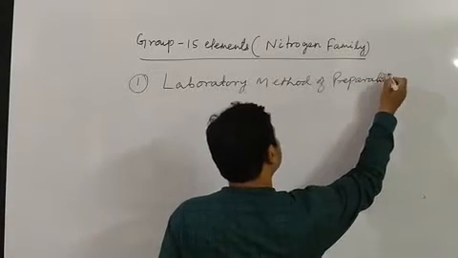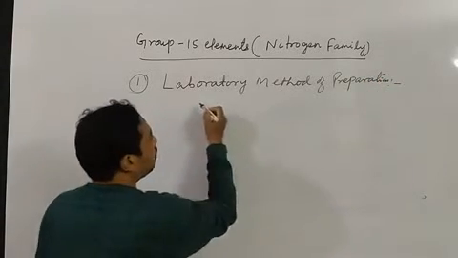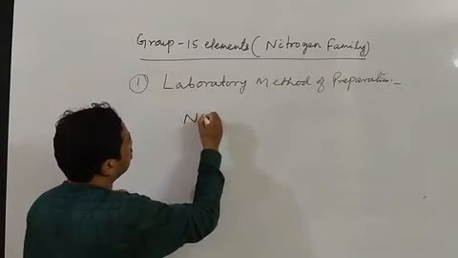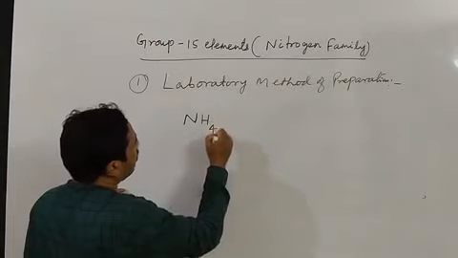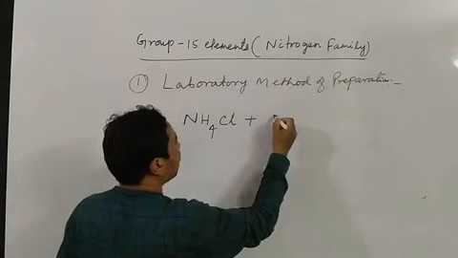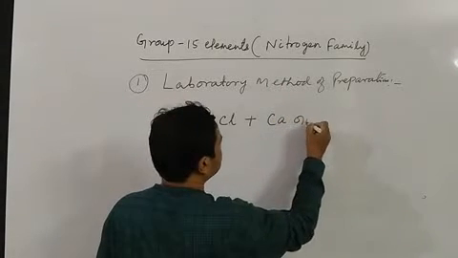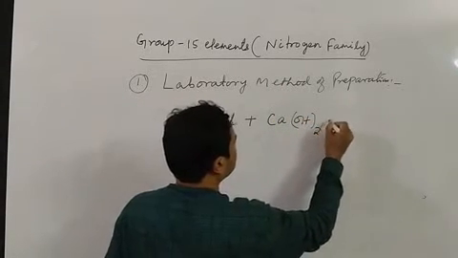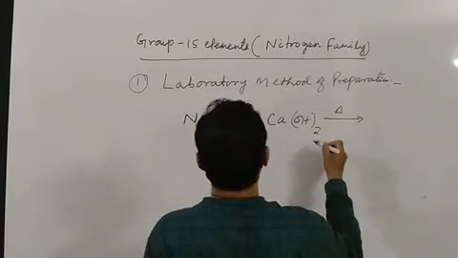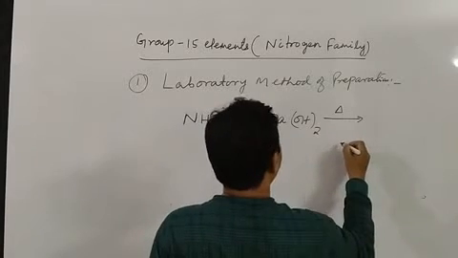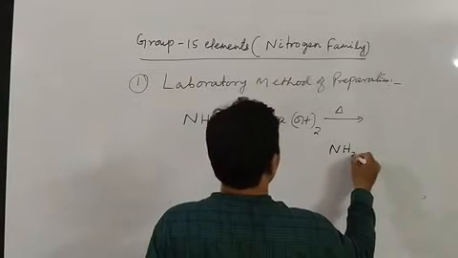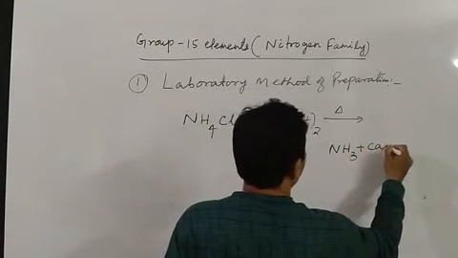In this method, how to prepare ammonia? First, ammonium chloride when heated with slaked lime, calcium hydroxide, results in the formation of ammonia, calcium chloride and water.